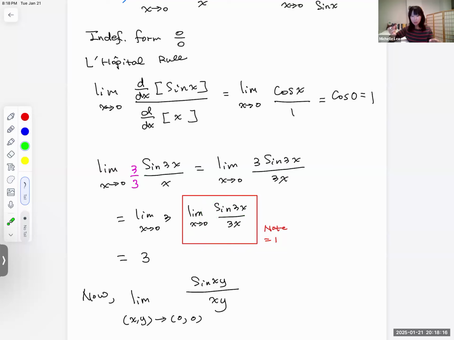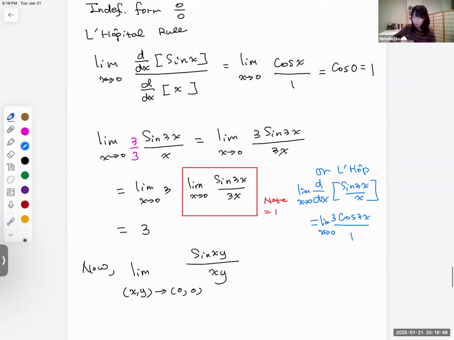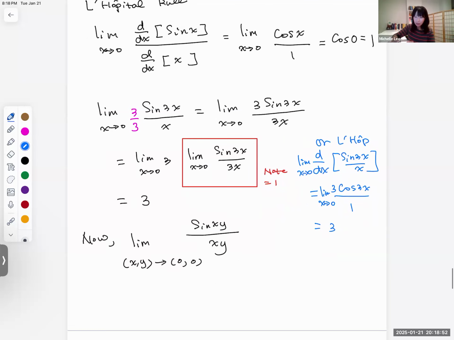Or same thing with L'Hopital's rule: the derivative of sine 3x over x, we get cosine 3x times 3 over 1. Then when x approaches 0, we get 3, right?